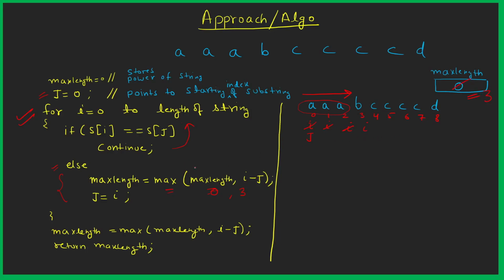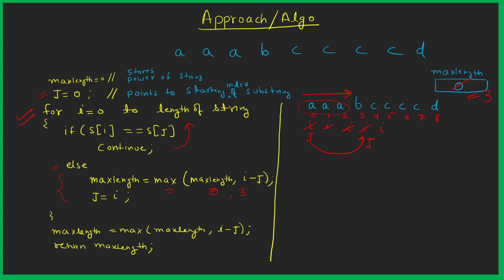Now before moving further, we have to set this j to the new I, because we are done with this part. So now we will move this j to the current I. This j will tell me the new starting point of the substring. Now we will move the I. Again we will check if this c is equal to b. You will say no. So again we will compare the maximum lengths.